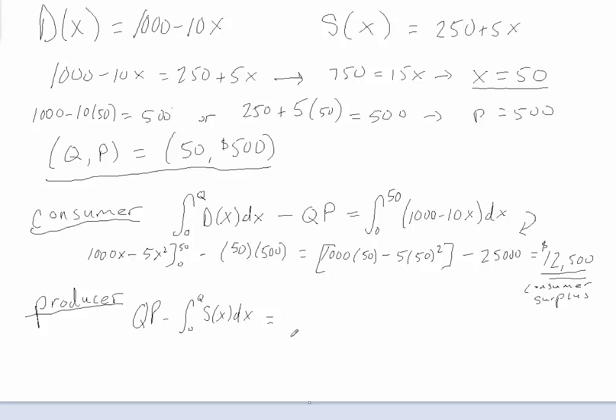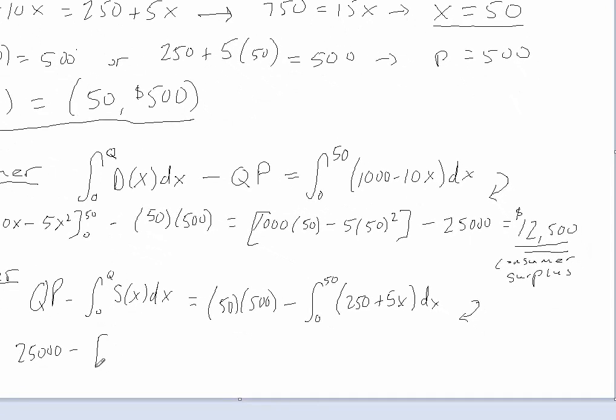And then for our producer surplus, we've got Q times P minus the integral from 0 to 50 of 250 plus 5x dx, which gives us 25,000 minus 250x plus 5 halves x squared, evaluated from 0 to 50.